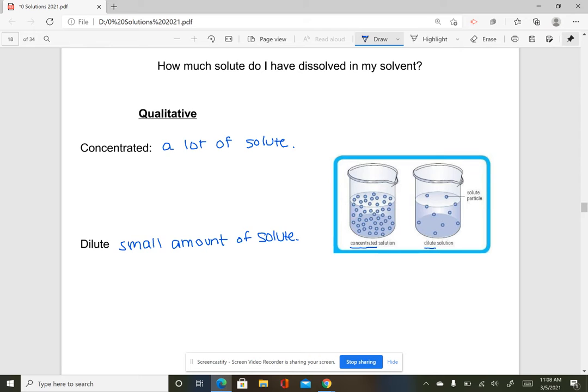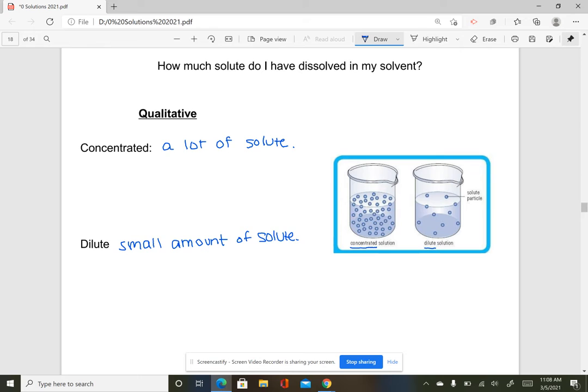But if you have something like copper sulfate or some salt made with a transition metal that has a color, you can tell by looking at the solution if it's concentrated, because the color is going to be nice and dark versus dilute, which would have a nice light color.